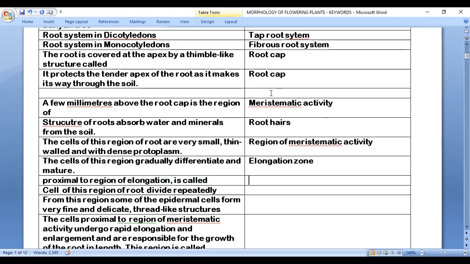Proximal to the region of elongation is the region of maturation. From this region, some of the epidermal cells form very fine and delicate thread-like structures.